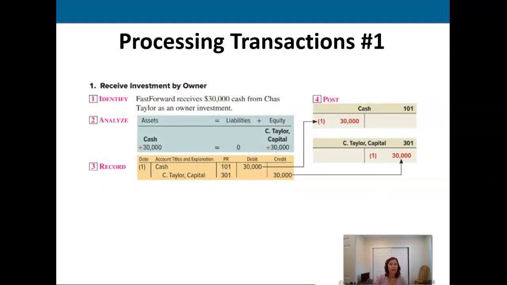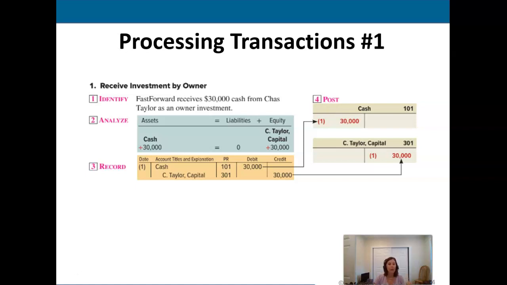And so again, this will be transaction number 1. If you think back, this was the first month that our company was in business. And that first transaction was the investment from our owner, C. Taylor.